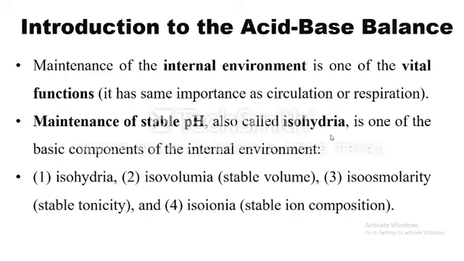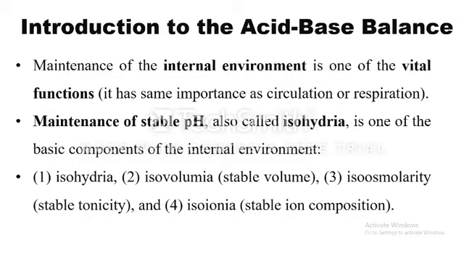Maintenance of stable pH means it should be stable in our body and shouldn't change. This is also called isohydria. So maintenance of stable pH is called isohydria, and it is one of the basic components of the internal environment. Then there are some other functions that go side by side.